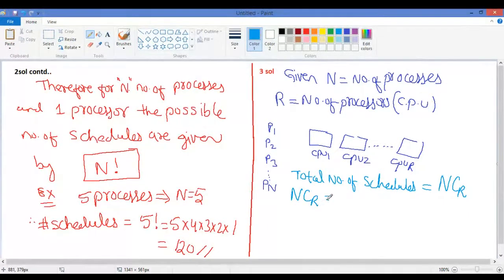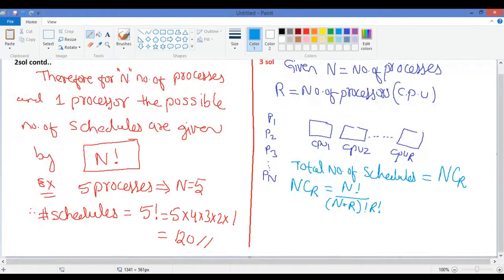NCR is nothing but n factorial by n minus r factorial into r factorial. Okay, let us solve the problem. The example he has given us, n is equal to 5 and r is equal to 2.